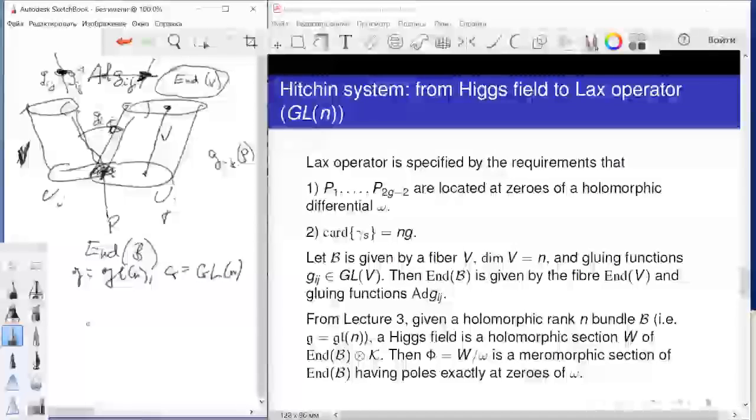A Higgs field is a holomorphic section phi of the bundle of endomorphisms tensored by the canonical bundle.